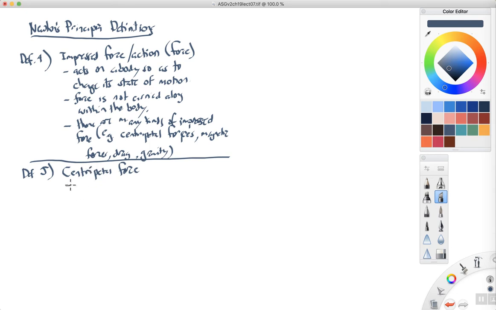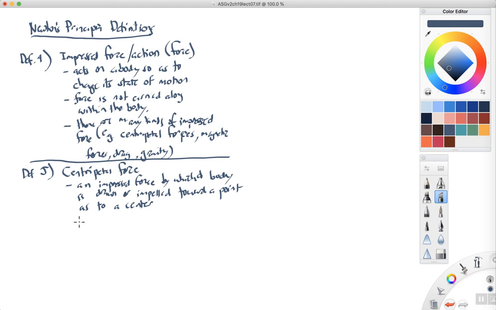A centripetal force is an impressed force by which a body is drawn or impelled toward a point, says Newton, as to a center.